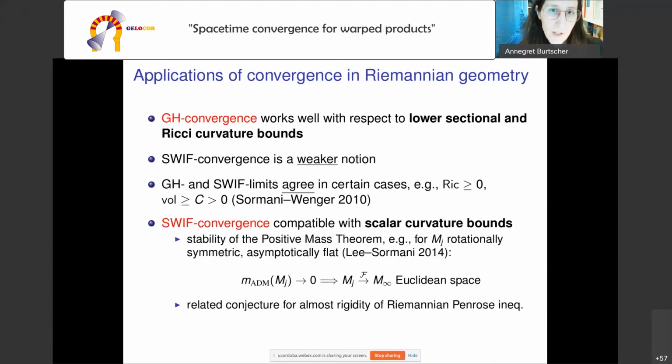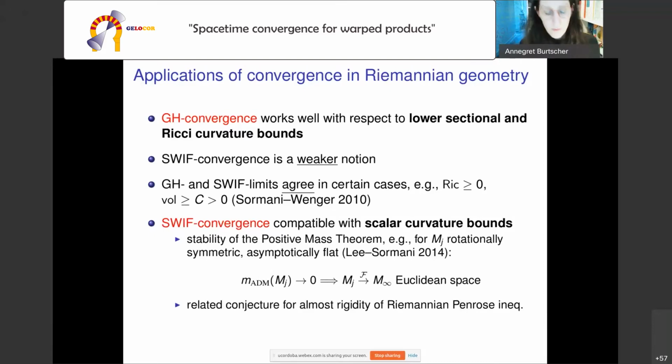Generally, the basic idea of the intrinsic flat convergence is that it is compatible not just with Ricci curvature, but also with scalar curvature. This has already been seen in results related to the stability of the positive mass theorem. There are several papers on that already.